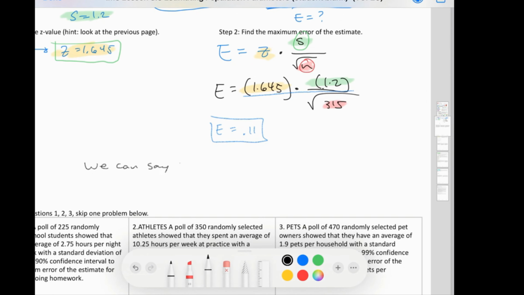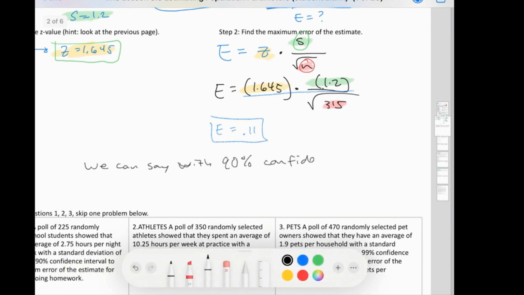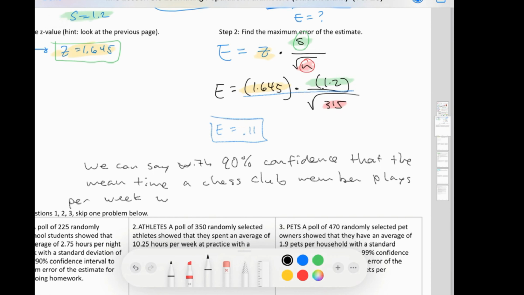We can say, with 90% confidence, that the mean time a chess club member plays per week is within 0.11, that's from what we got above, hours of the sample mean time.